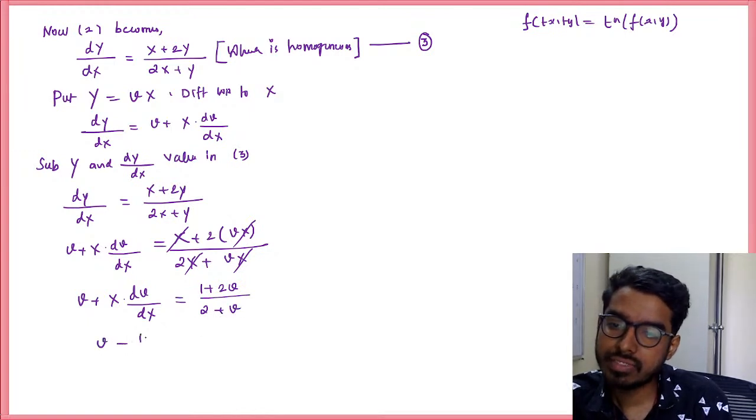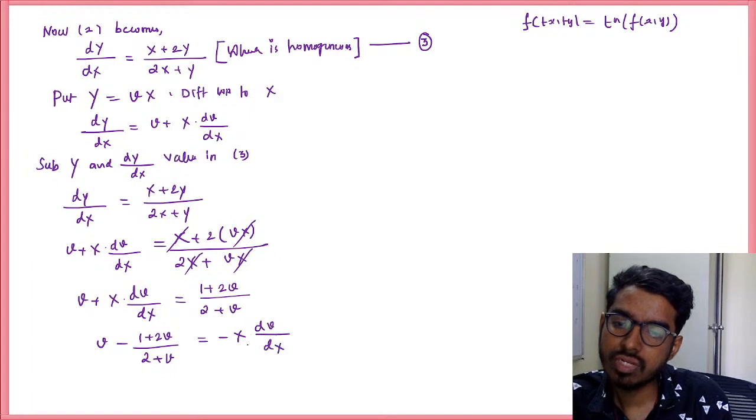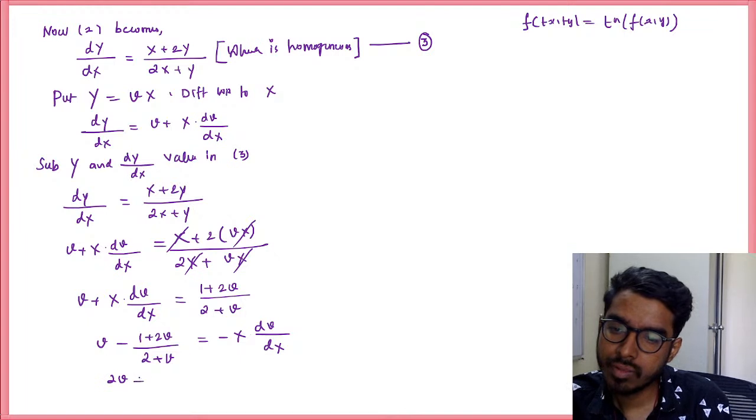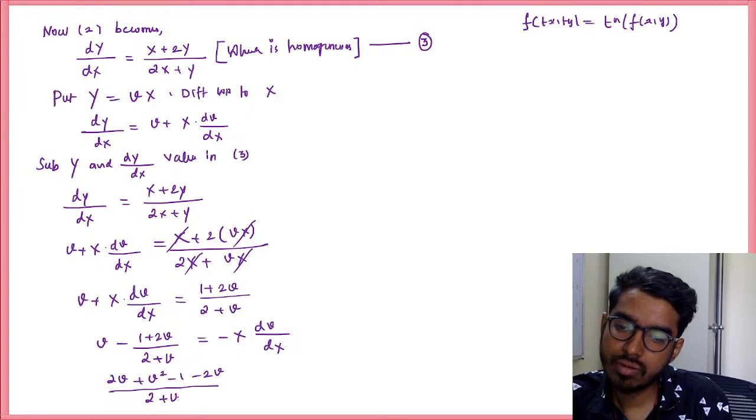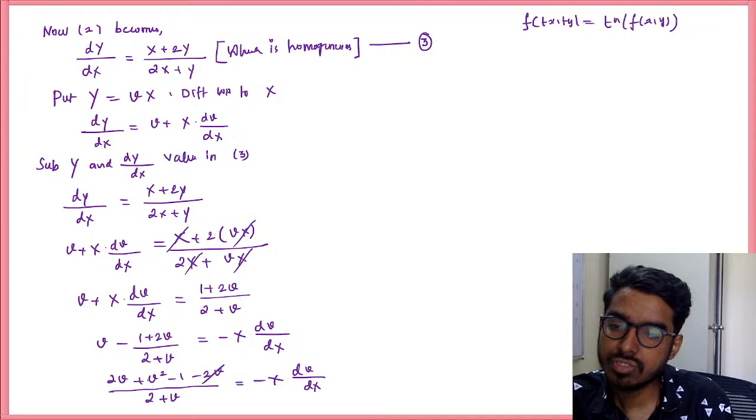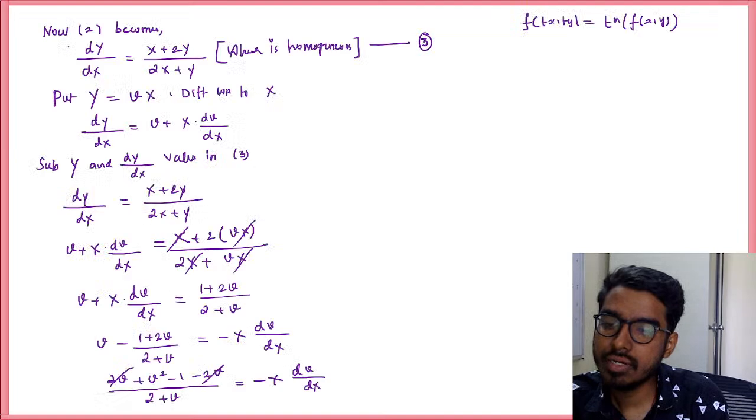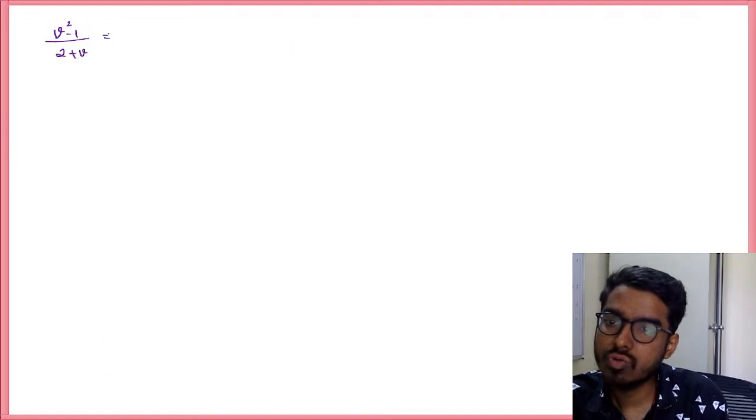So V minus (1 plus 2V)/(2 plus V) is equal to minus X into dV by dX. You just have to separate the variables. Cross multiplying, we will have 2V plus V square minus 1 minus 2V divided by 2 plus V is equal to minus X into dV by dX. So this 2V will get cancelled. So V square minus 1 divided by 2 plus V is equal to minus X into dV by dX.